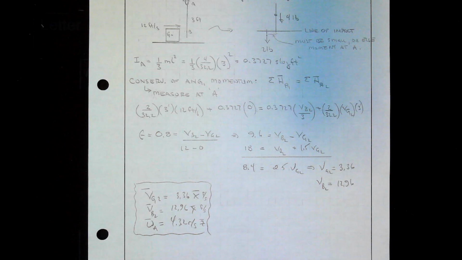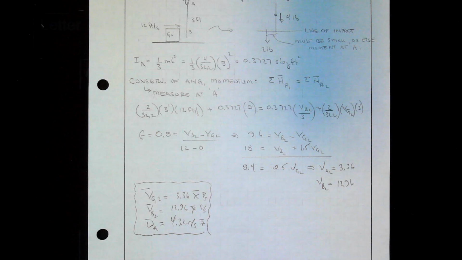On the back end, as the impact happens, the box is going to fly away, so we have 0.3727 times omega. I'm going to express this in terms of velocity: VB2, where 2 refers to state 2. State 1 is before impact, state 2 is after. Divided by this 3-foot distance gives me the omega.